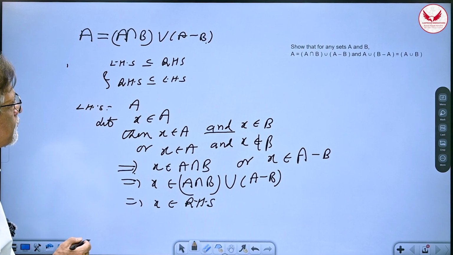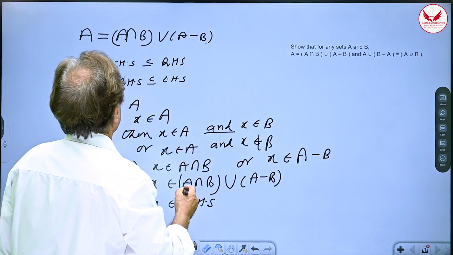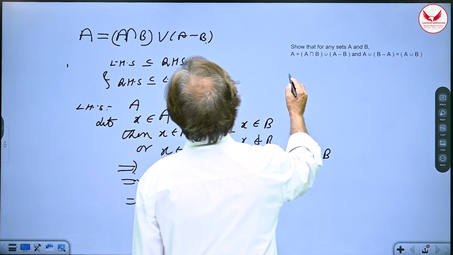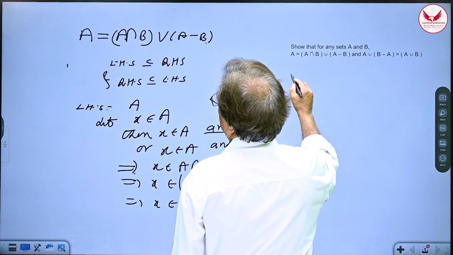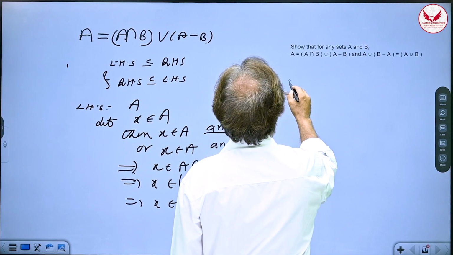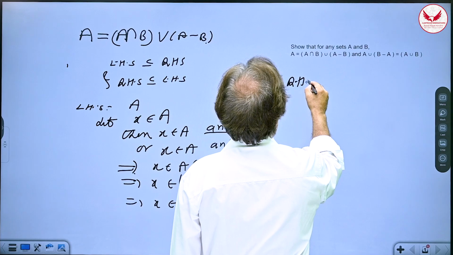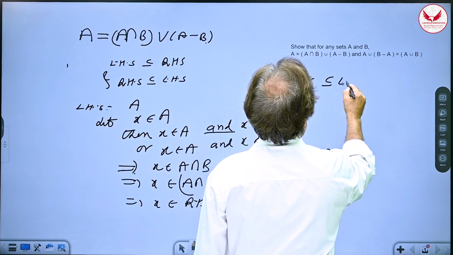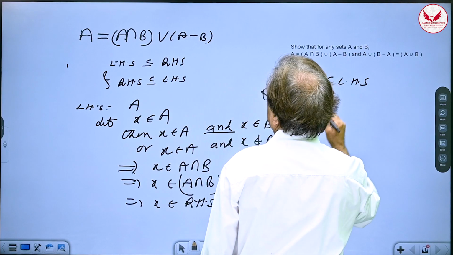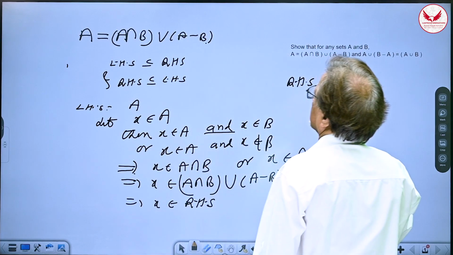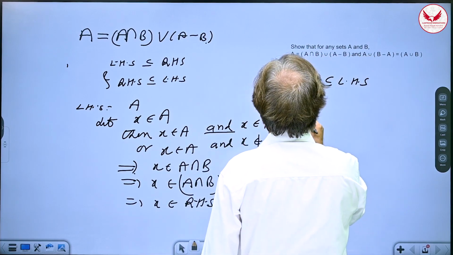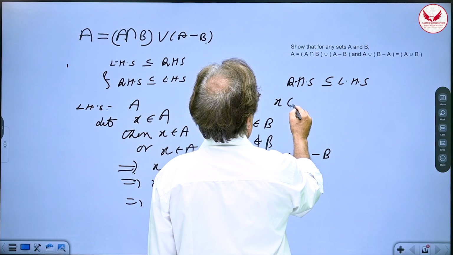Now we'll go to the reverse way. I have already shown LHS is a subset of RHS. So now I want to show RHS is a subset of LHS. So I'll have to take X belongs to RHS.